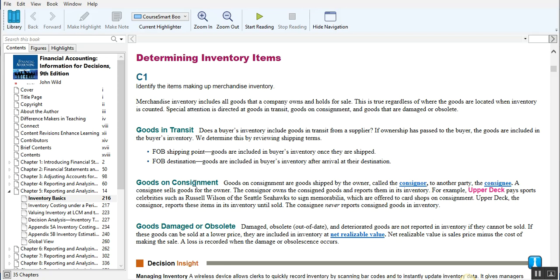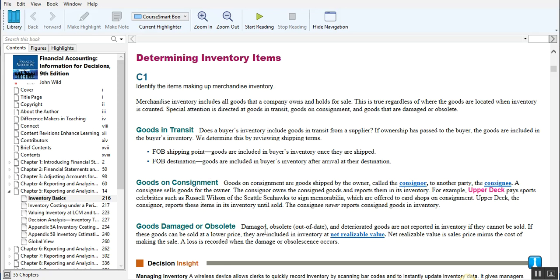The consignor that brings the goods in will continue to claim those in their inventory. The person that owns the merchandising business and is actually doing the physical selling of those items will not record them as their own because they don't own them. So this will not be in the inventory of the shop or the merchandiser. This will be in the inventory of the actual consignor.